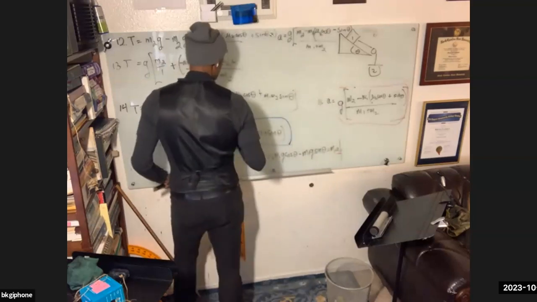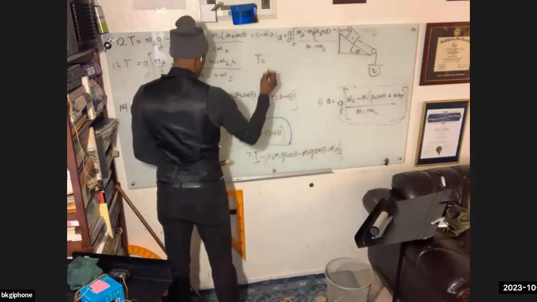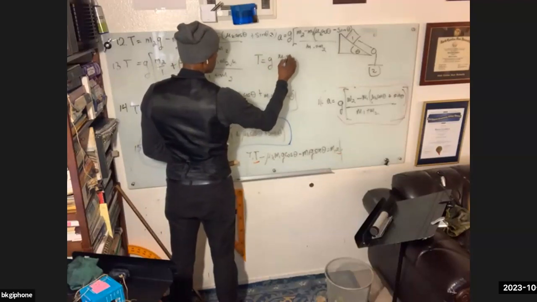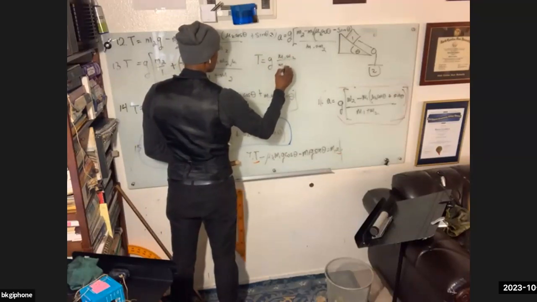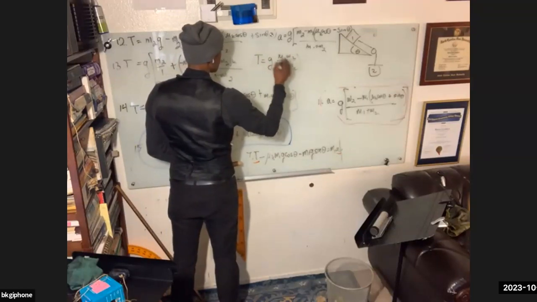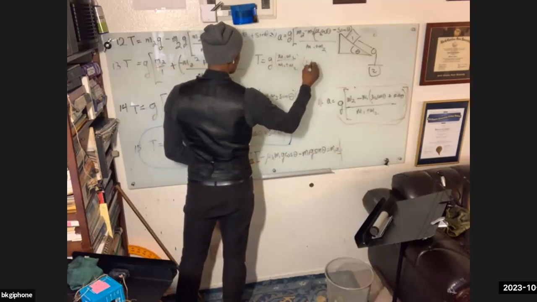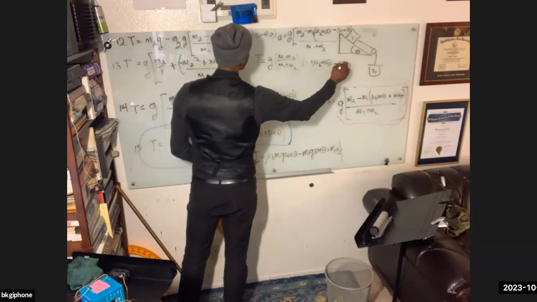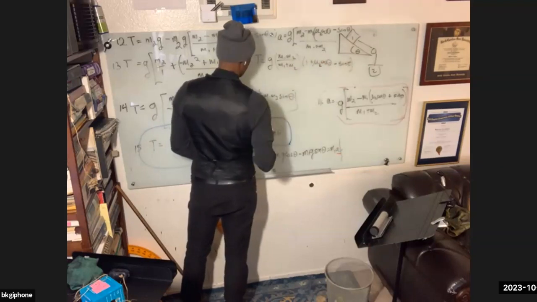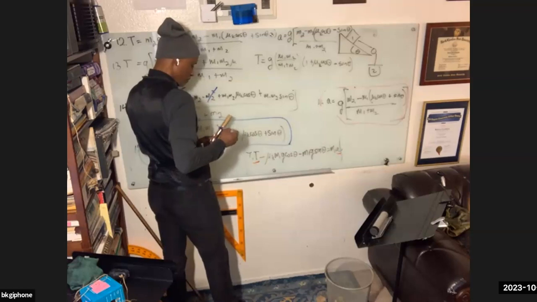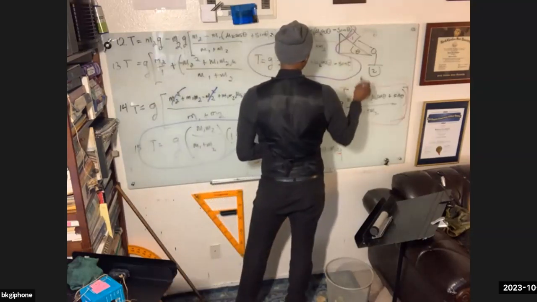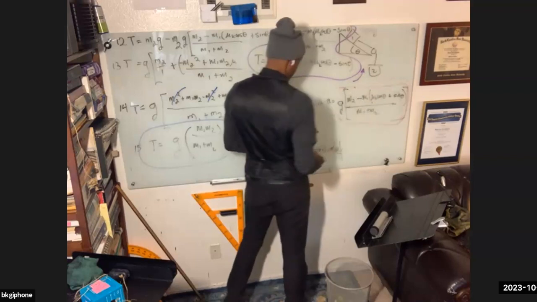And for the tension is going to be same thing, G M1 M2 over M1 plus M2 times 1 plus mu K cos theta minus sine theta. So these two solutions are going to go for that guy.